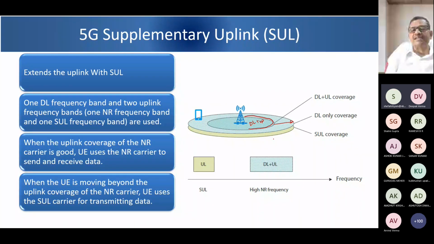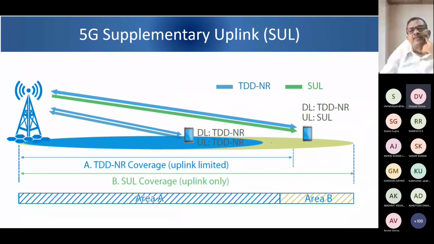But with SUL you can have uplink coverage here with a slightly lower frequency. So this is how you can increase the coverage. Yesterday I was talking about this concept. Okay, same picture in a different kind of diagram. It is a similar one. This is supplementary uplink.